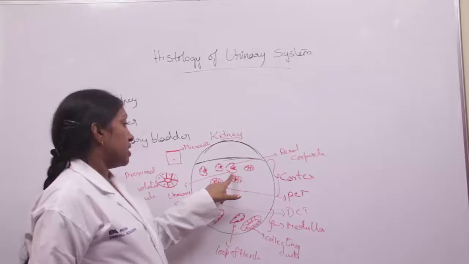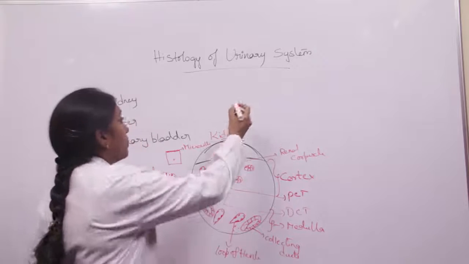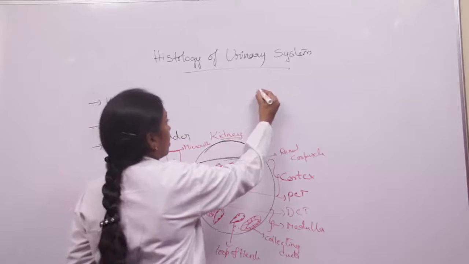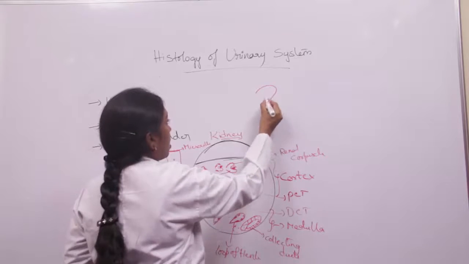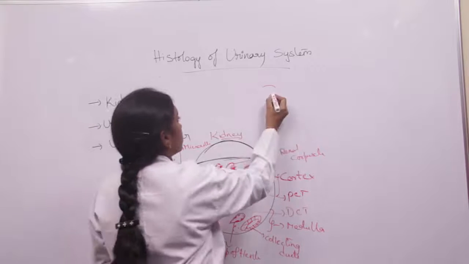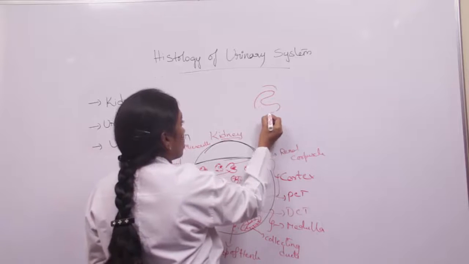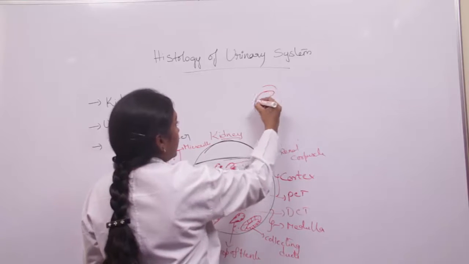The renal corpuscle is lined by flattened epithelial cells.